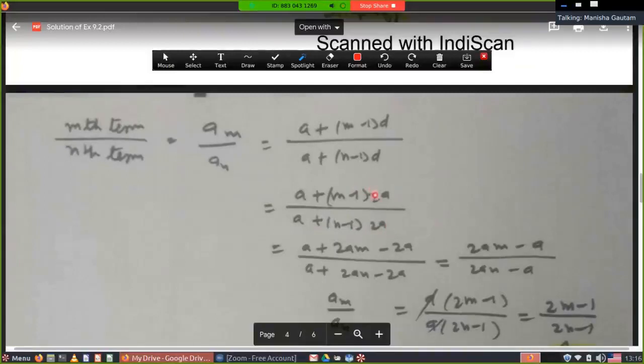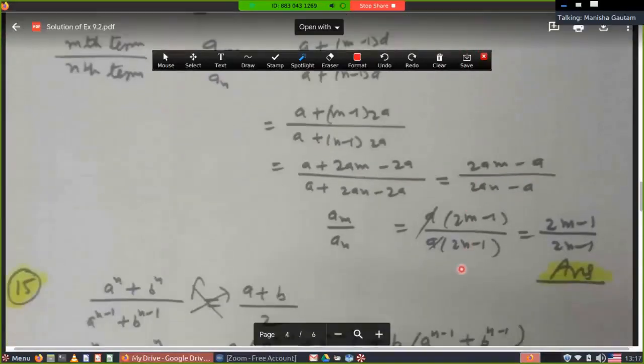Multiply this by 2a, you will get this statement, and 2a minus 2a and a are solved. 2am minus a, 2an minus a, and take a common from the numerator and denominator. What you will get? The ratio of the mth and nth terms is equal to 2m minus 1 upon 2n minus 1. This is the answer which you are required to prove. Hence proved.